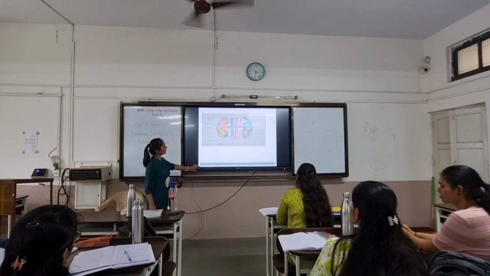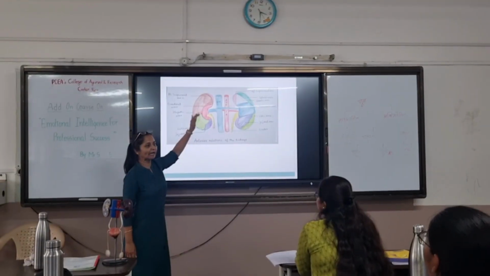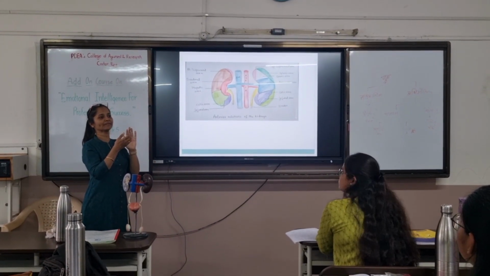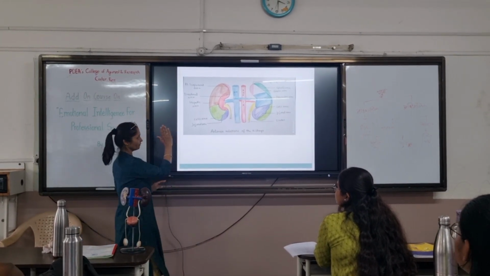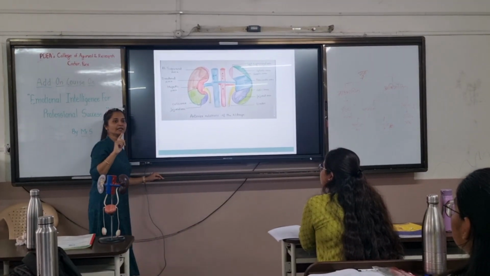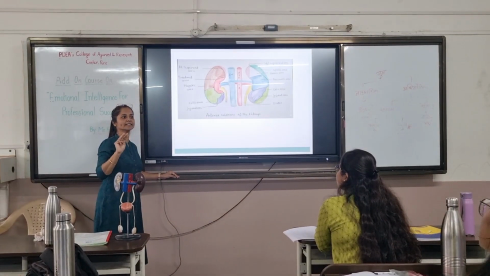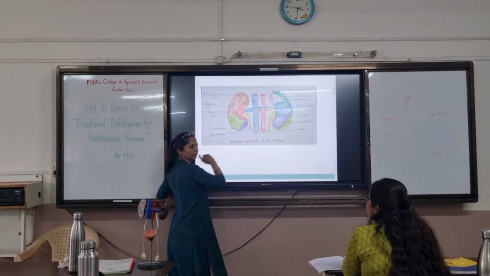Okay. Now at the hilum, what three structures are you seeing? The hilum is the entry where the vessels enter the kidney or leave the kidney. From anterior to posterior, first you will see the renal vein, then the renal artery, and then third the renal pelvis, which will continue below as the ureter.